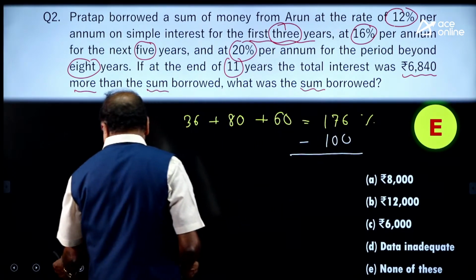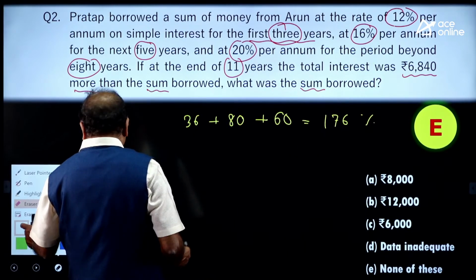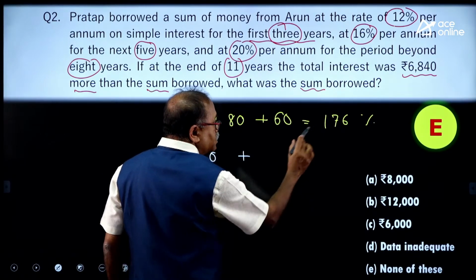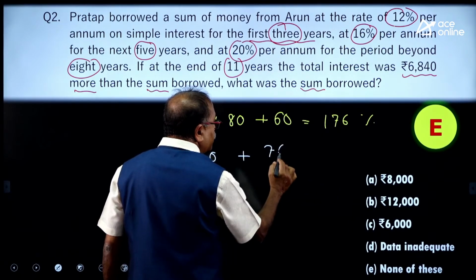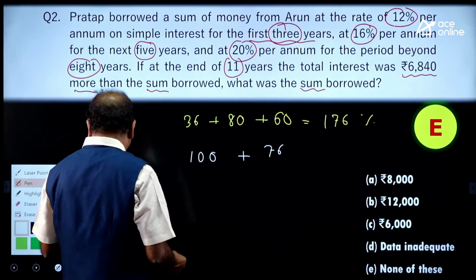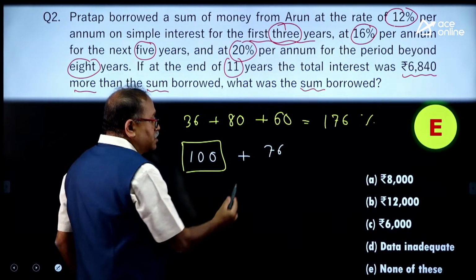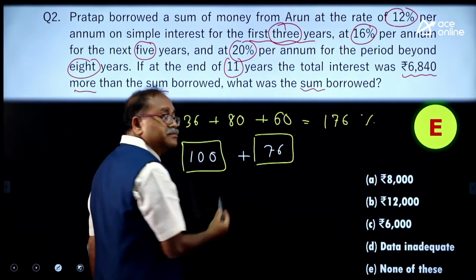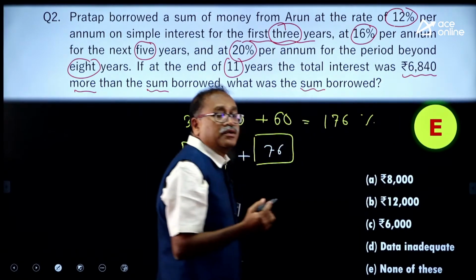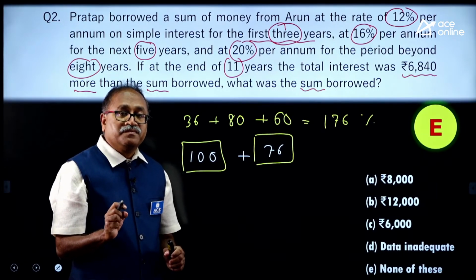Or else I can write this way, that 176% can be written as 100% and 76%. This 100% is equal to the sum, this interest. This is more than the sum, and more than the sum is 6,840, which is 76% of the sum.